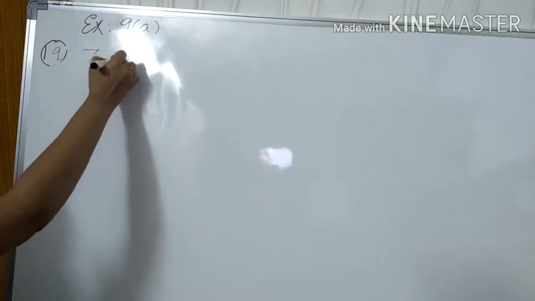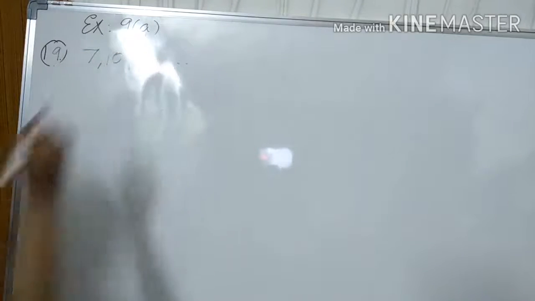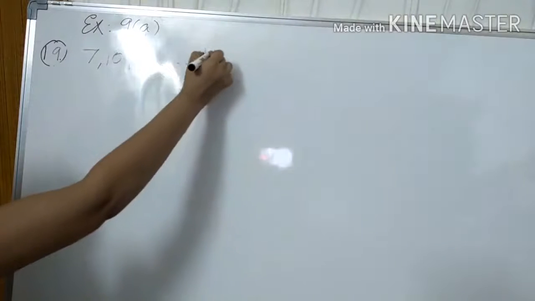Now let us take the next question, question number 19. Find the seventh term from the end of the AP 7, 10, 13 and so on up to 184. This is the AP given in the question and we want to find the seventh term from the end. So first I am writing the AP 7, 10, 13 and so on. The last term is 184.